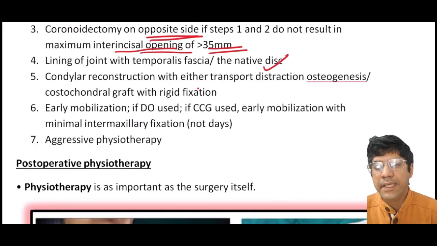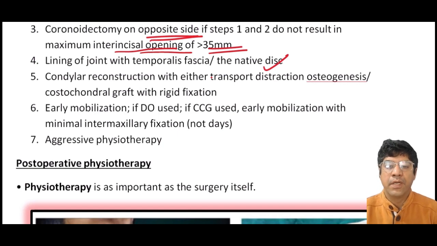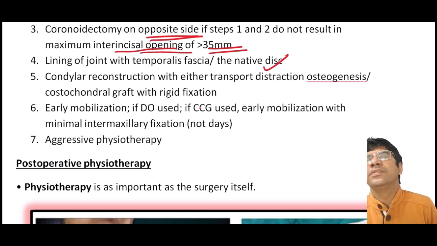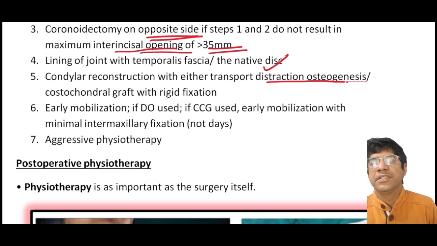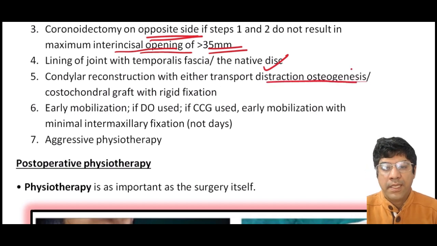Fifth is the condylar reconstruction with either transport distraction osteogenesis. That step involves the reconstruction of the condyle. Reconstruction can be done by two methods. One is distraction osteogenesis, that involves the gradual lengthening of bone throughout the distraction process to create new bone formation, or costochondral graft with a rigid fixation, that involves a graft taken from the patient's rib to reconstruct the jaw joint.